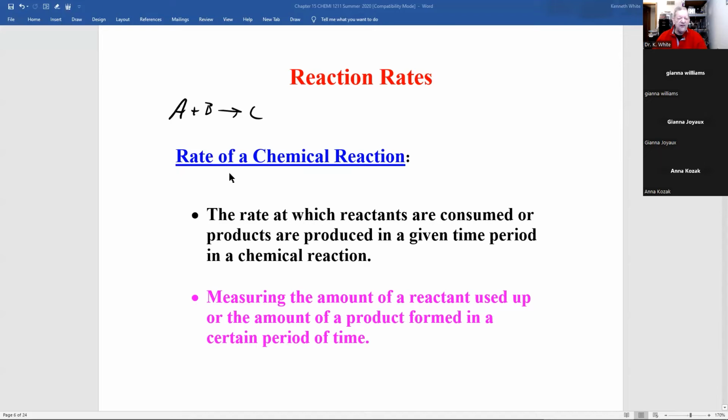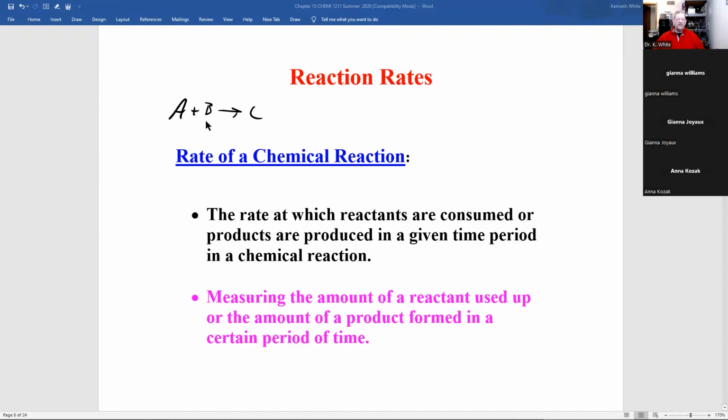So we have something called the rate of reaction. Another way of defining it is measuring the amount of reactants used up or the amount of products formed in a certain time period. So you can have A and B react to make C, and you can time it. How long does it take to get rid of all the A and B? That means consumed.